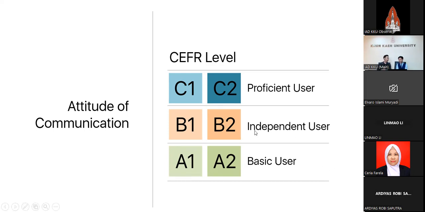If our lecturer, our Achan, has maybe the level of B1 or B2 and we use C1 or C2, actually it's disrespectful. For me, as a speaking examiner, I need to use B1 or B2 most of the time.